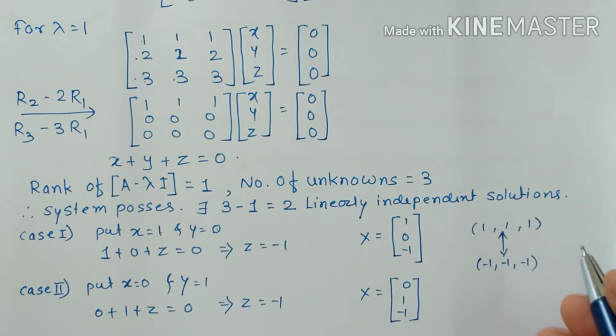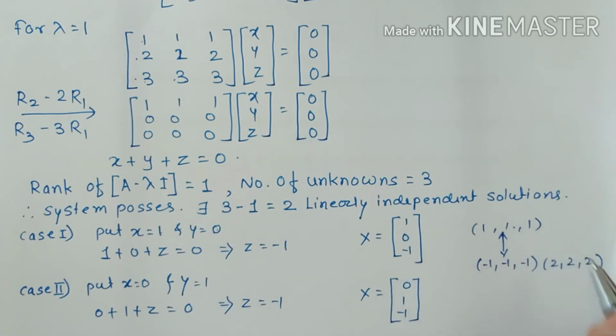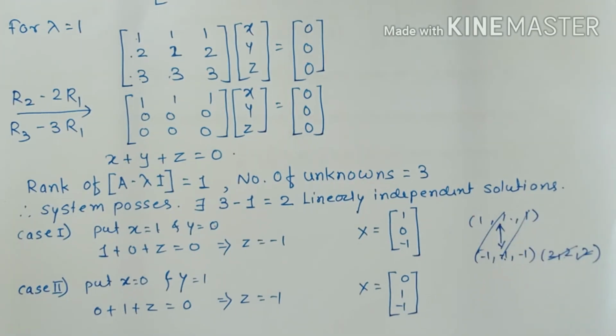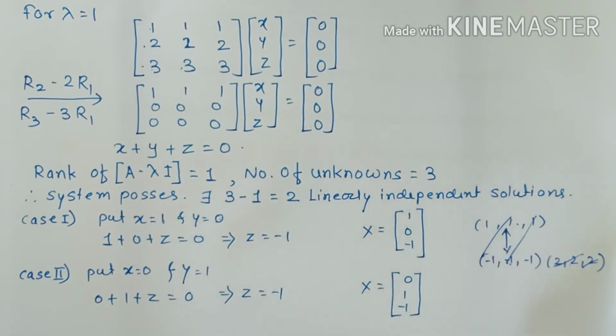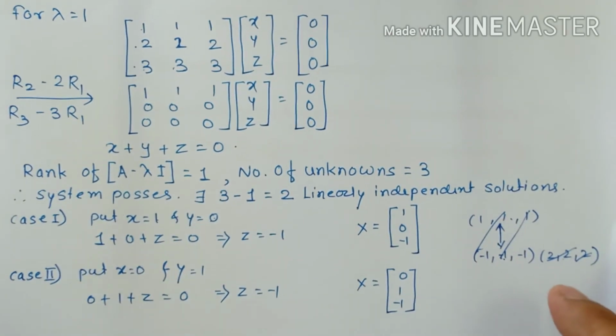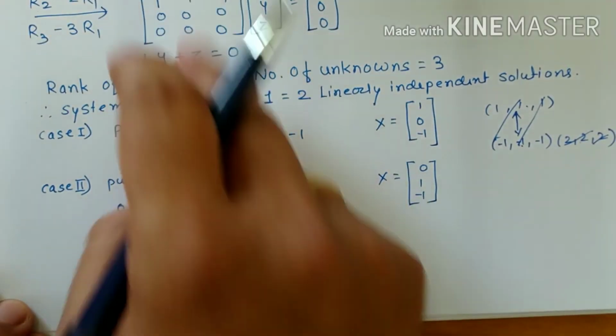Are you clear with that? Similarly, 2, 2, 2, these two vectors are linearly dependent. Even these two also are linearly dependent. So linearly independent means a vector cannot be expressed in terms of the remaining ones. Now, this is for lambda is equal to 1.